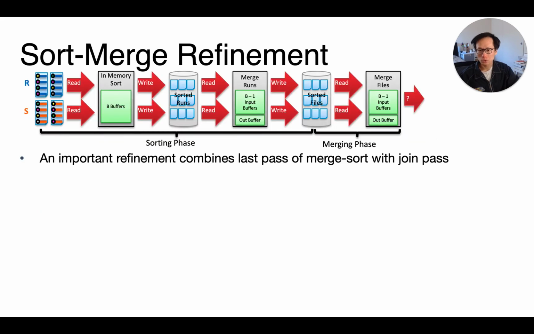Now I want to show you an important refinement to sort merge join that can save some more IOs. This is something you probably want to do every time you think about sort merge join, so keep this in mind.